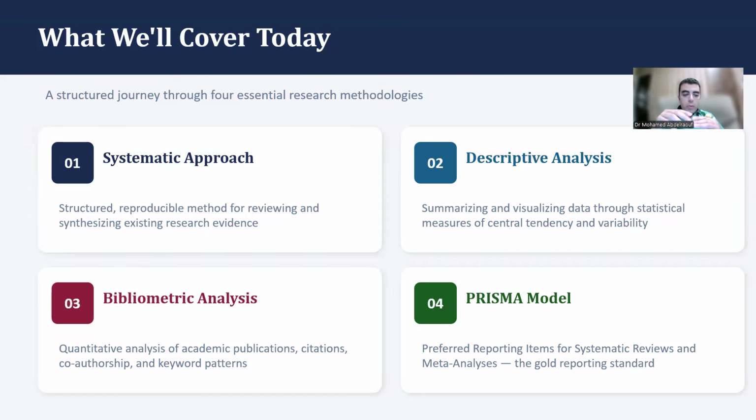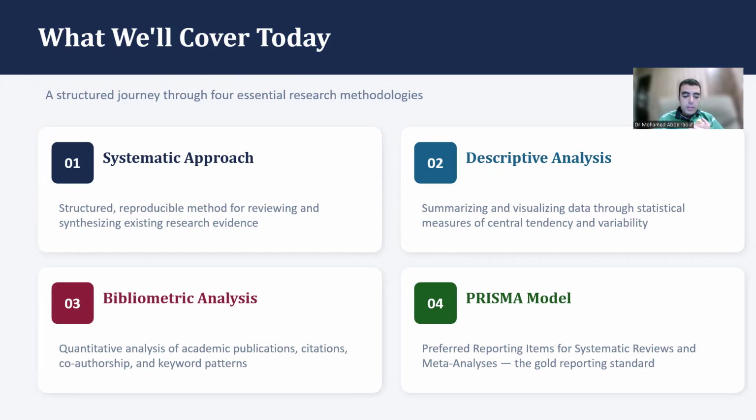methodology. We need to learn the structured, reproducible method for reviewing and synthesizing existing research evidence. Second, the descriptive analysis, summarizing and visualizing data through statistical measures of central tendency and variability.